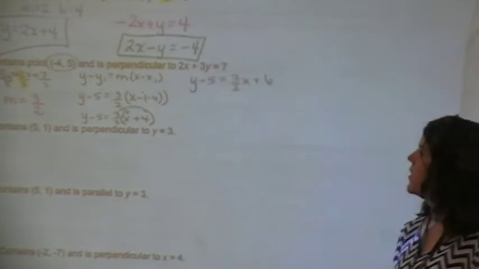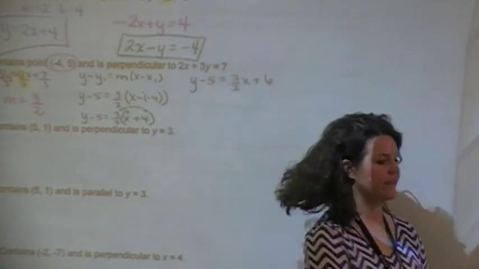Now we have to put this into slope-intercept form, so I'm going to distribute. 3 times 4 is 12, divided by 2 is 6. So I had to add 5, and I get y equals 3/2 x plus 11 as my slope-intercept.